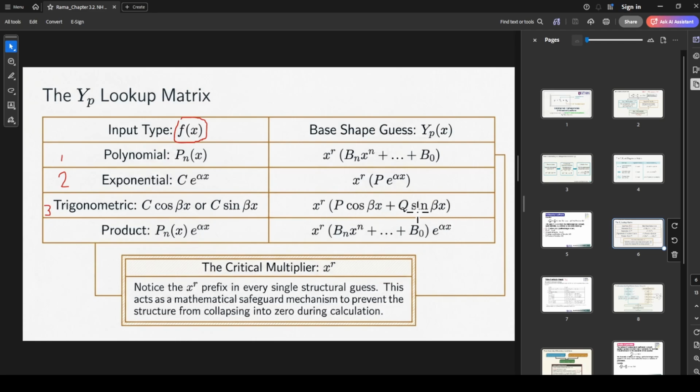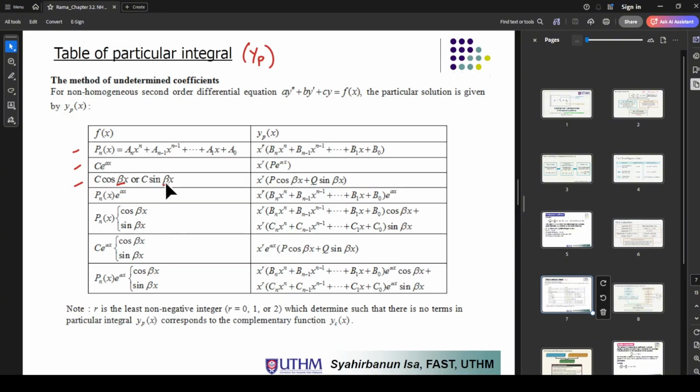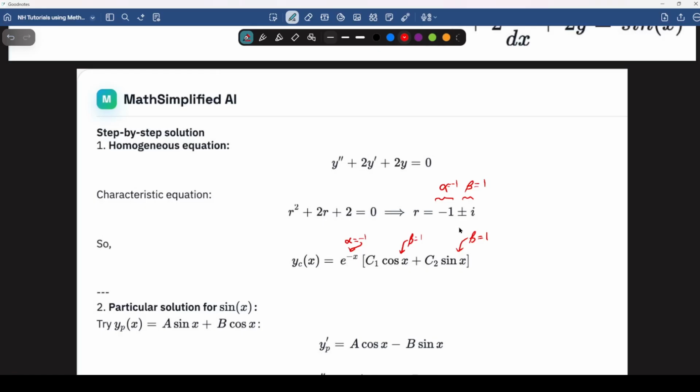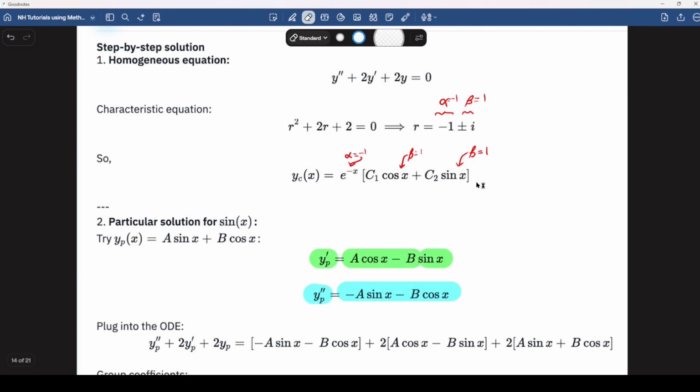You can use p or q, or a or b, it doesn't matter. Same thing here for cosine or sine. We can then start checking for our yp, using the general form as before.